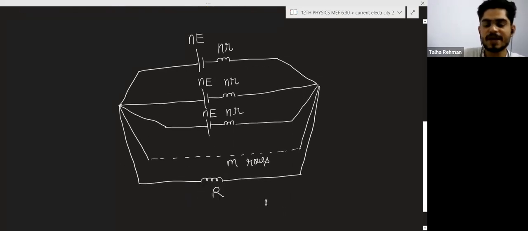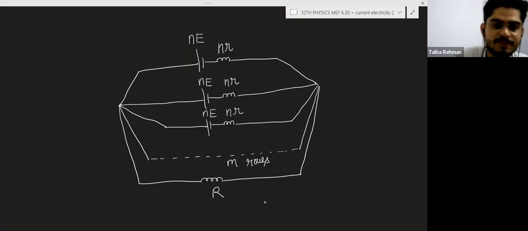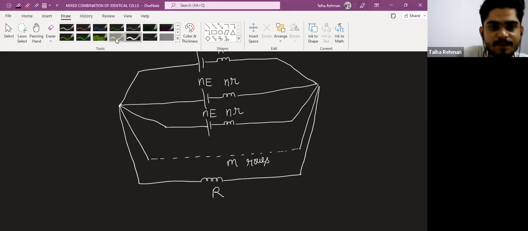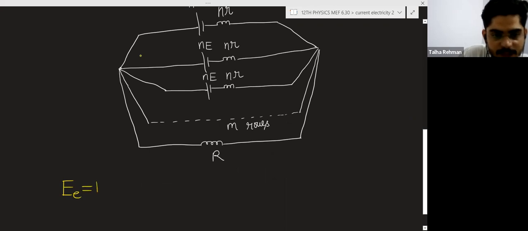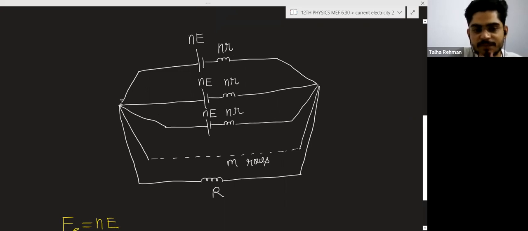If you want to find the equivalent EMF of the parallel combination, and I have told you these cells are identical, then the equivalent EMF will be nE, because this is a parallel combination.